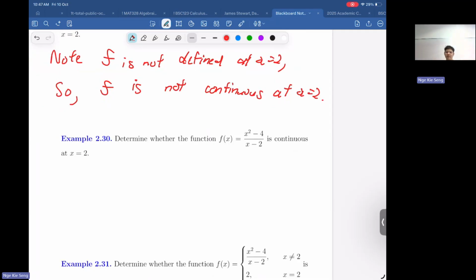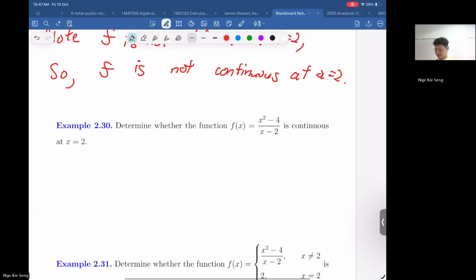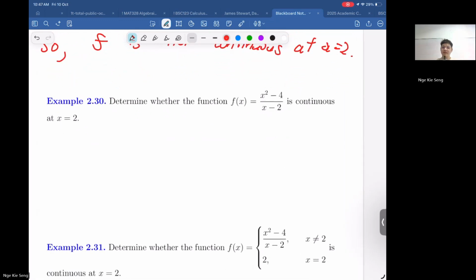How about next? Continuous or not? Continuous? Yes or no? No? Why? The one beside Jian Tong. You? Continuous or not?